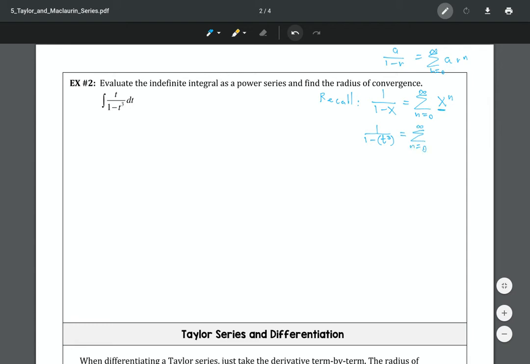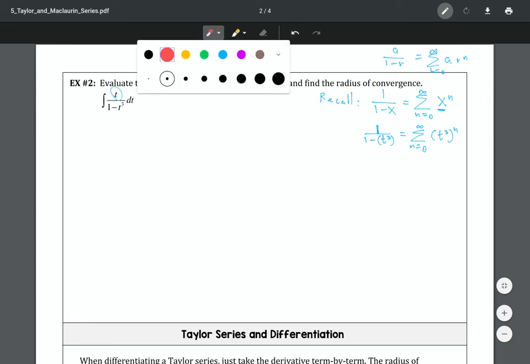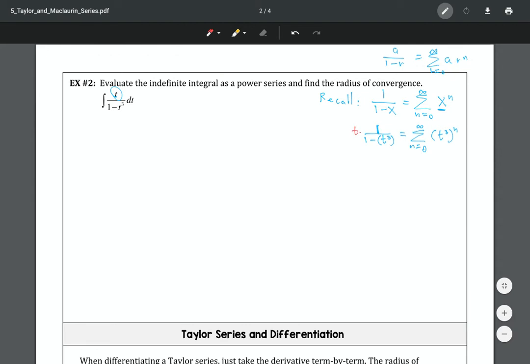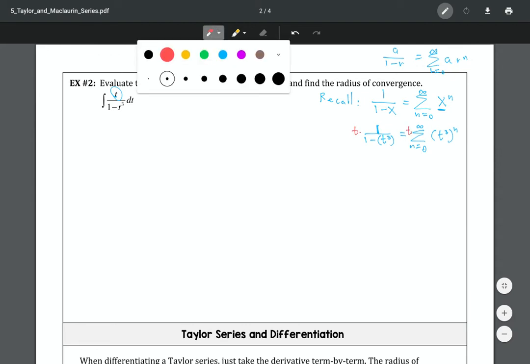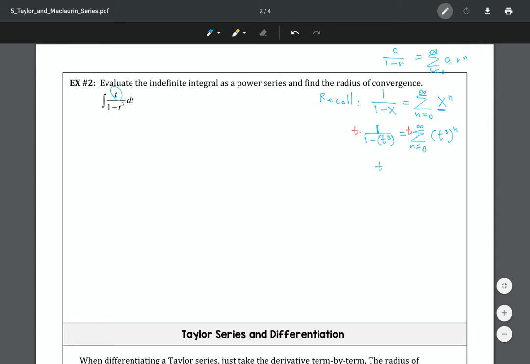So I'm going to write this as t cubed to the nth power. Now, this is almost like that. Notice that I have a 1 here where on the actual problem I have a t. So what I'm going to do is multiply this side times t, and this side times t. Simple as that. So now this gives me t over 1 minus t cubed, which is what I need.